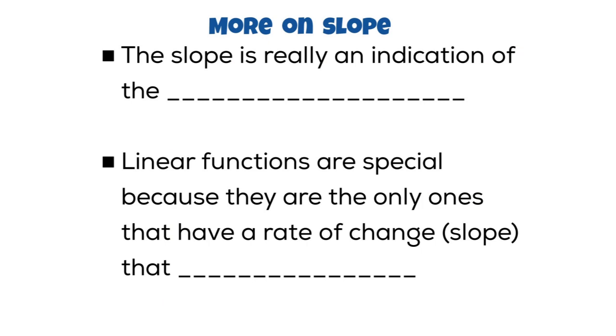Now, when we talk about slope, it's really just an indication of what we call the rate of change. How quickly is something changing? And what makes linear functions special is they're the only ones that have a rate of change that is constant. We don't even talk about the slope in other graphs because they don't have a constant slope.